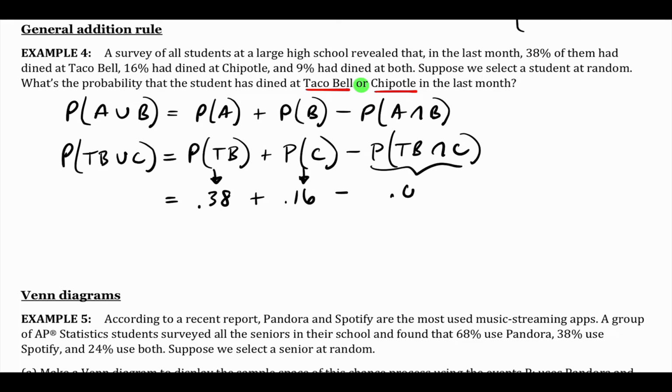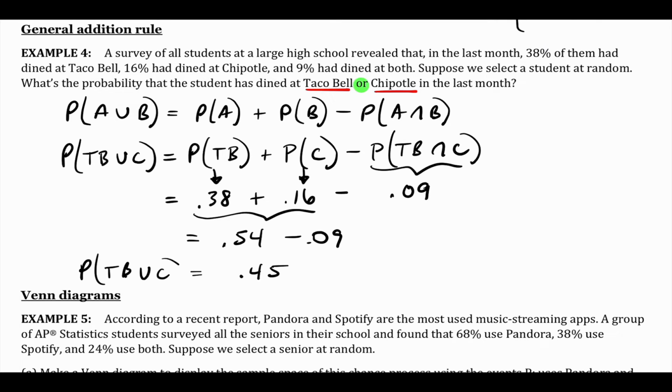Both is 9%, 0.09. Do a little bit of math, and what do we get? You add those up, you get, let's see, carry 4, minus 0.09, and we get 0.45. So that's the probability of Taco Bell or Chipotle.